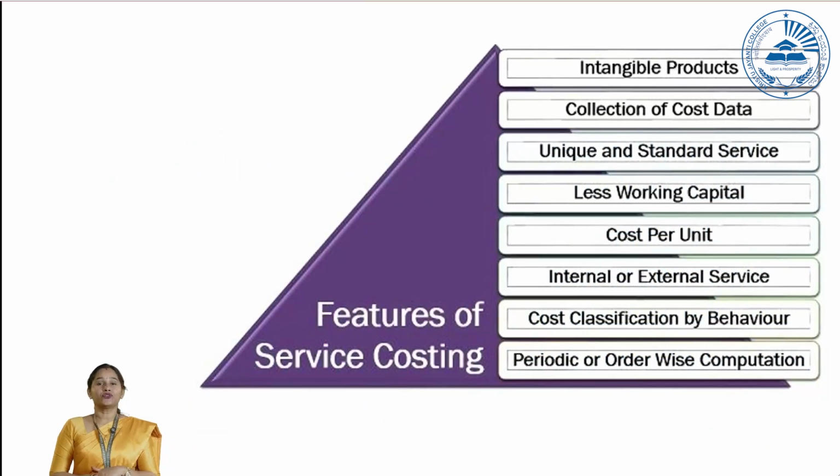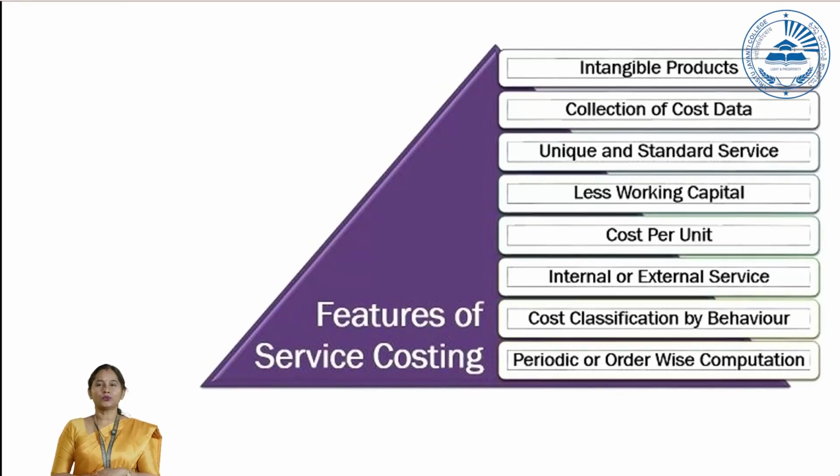Now, features of service costing. We have listed eight important points relevant to the features of service costing. The first one is intangible products. Second, collection of cost data. Third, unique and standard service.